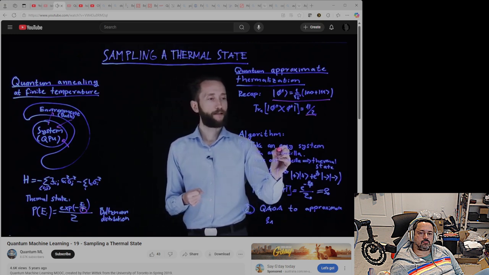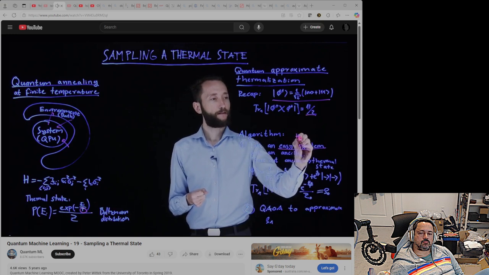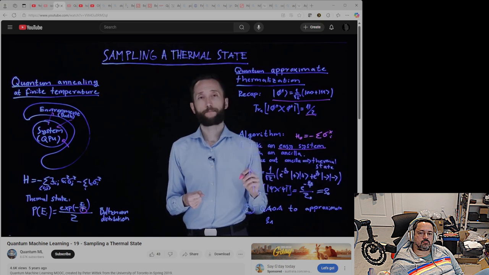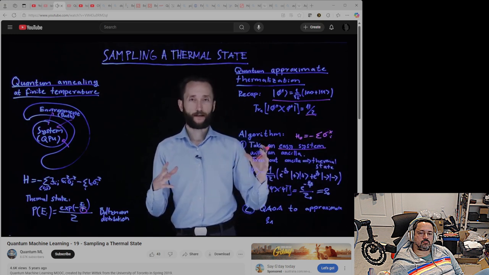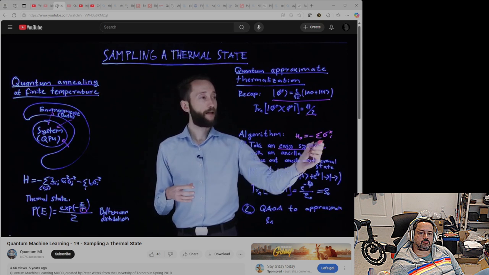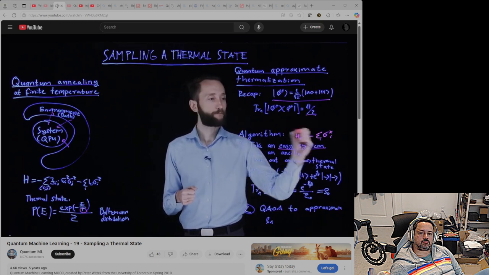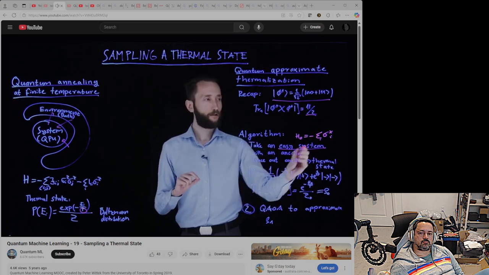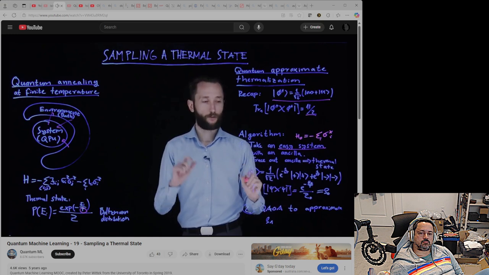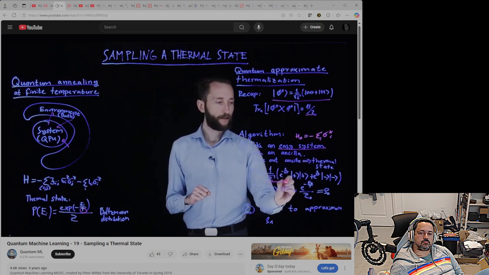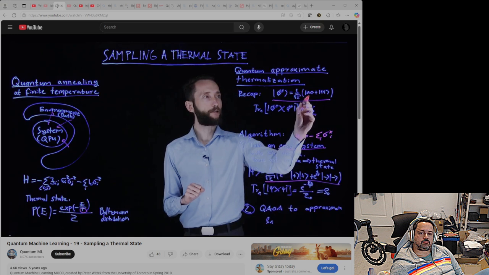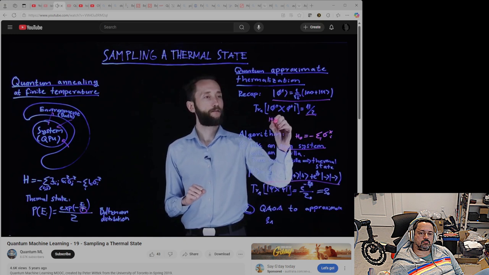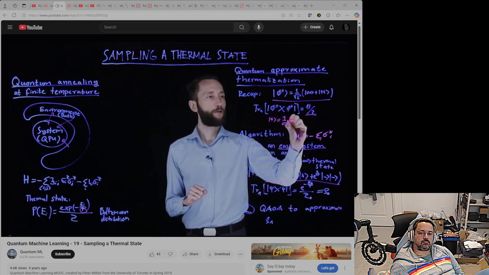So you create some easy system, for instance, the sigma x Hamiltonian acting on each site. And you take an ancilla with the same number of qubits as the number of qubits you have here. If you start, for instance, with just 1 qubit for the sigma x interaction and 1 qubit for the ancilla, then you can take this state, which looks remarkably like the maximally entangled state. So now you have the plus state. The plus state is just the equal superposition of 0 and 1.